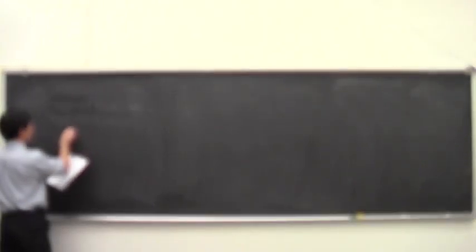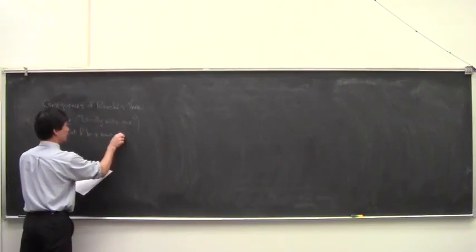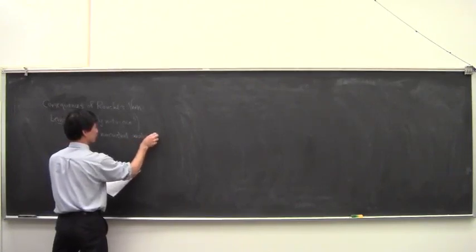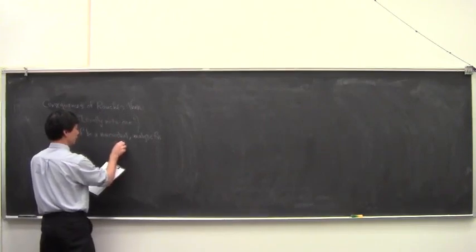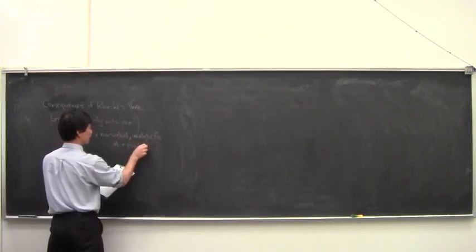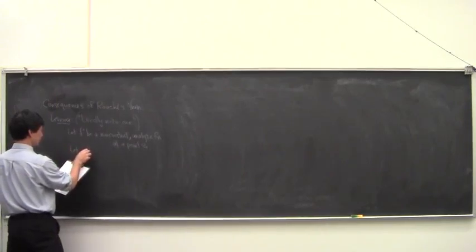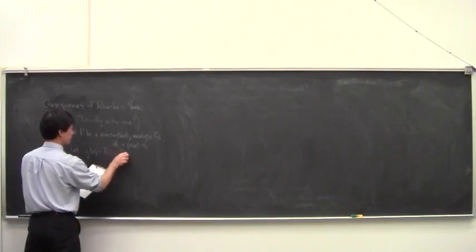Okay. So let F be a non-constant analytic function at a point Z0. Let G of Z be f of Z minus f of Z0.